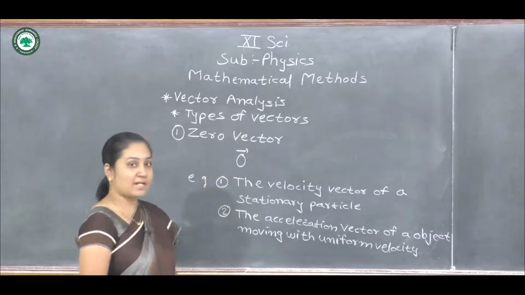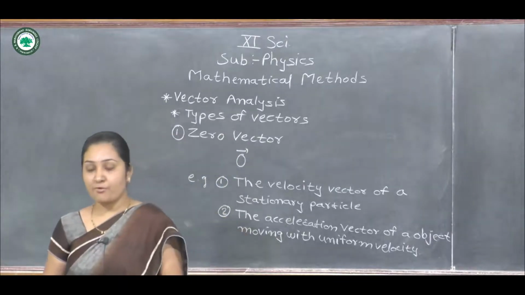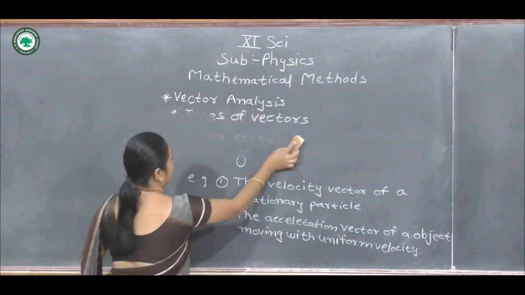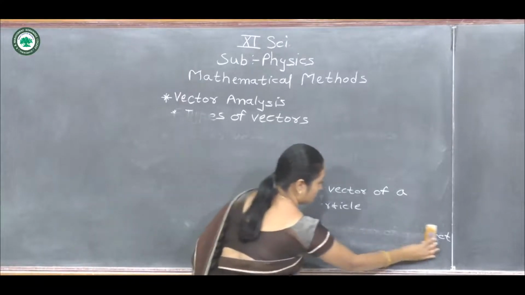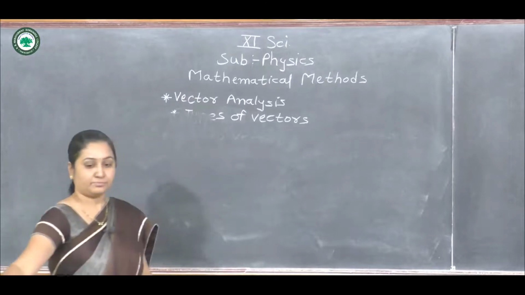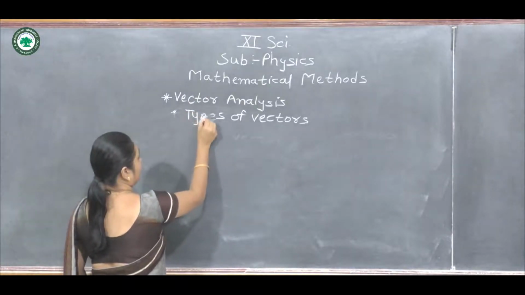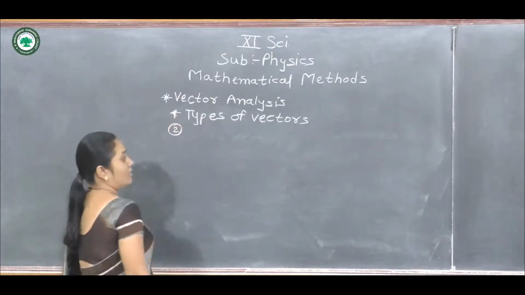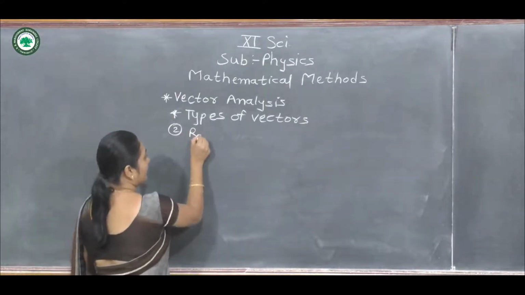This is the first type of vector. Now we will study the second type of vector. The second type of vector is the resultant vector.